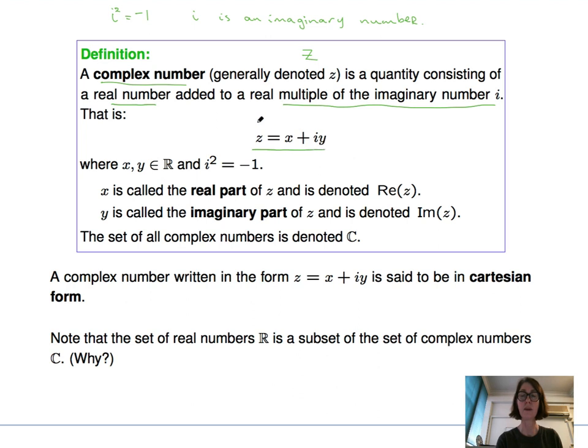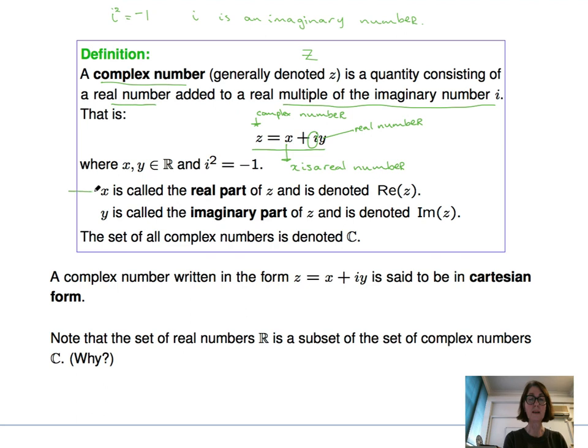So z is the complex number, and it's equal to x, where x is a real number, plus y, where y is a real number, times i, and i is the imaginary number that we've already defined.